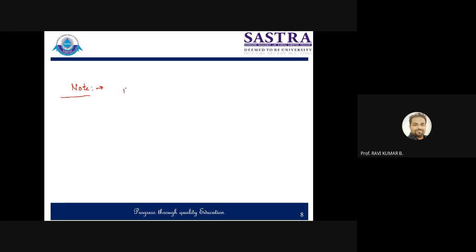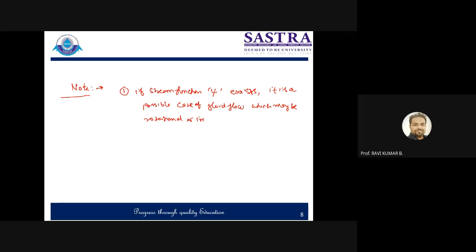So note the first point: if stream function ψ exists, if somebody is saying it is existing, we can say it is a possible case of fluid flow which may be rotational or irrotational.